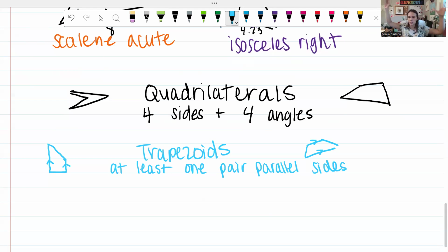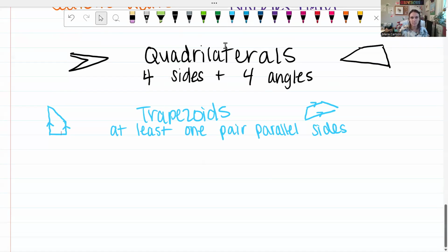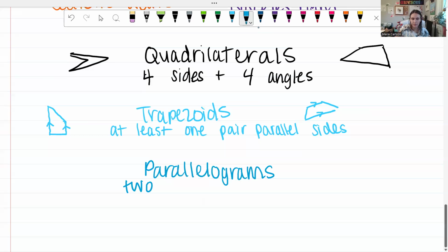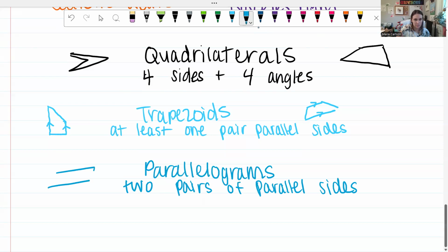So quadrilaterals is our big overarching idea, and then we have trapezoids. Then we have parallelograms. Parallelograms have two pairs of parallel sides. So maybe I have a shape that kind of looks like this.